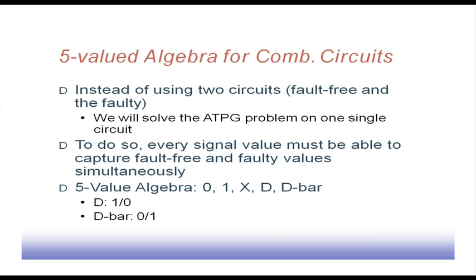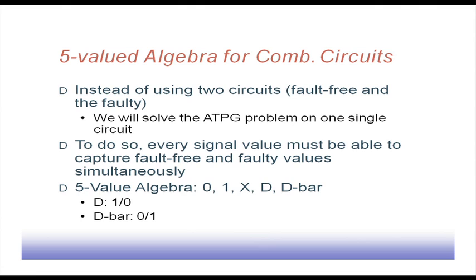Instead of having two different circuits, we will work with only one circuit, and this 5-valued algebra helps us do the ATPG procedure without having multiple copies of the circuit. So, a signal value must be able to capture the fault-free and faulty value simultaneously. This is the requirement.